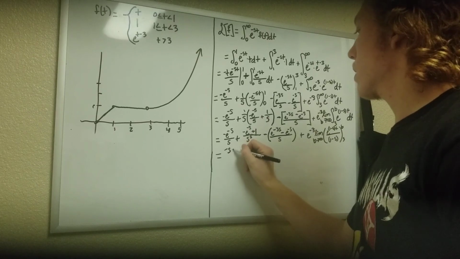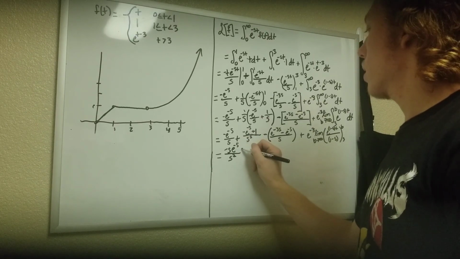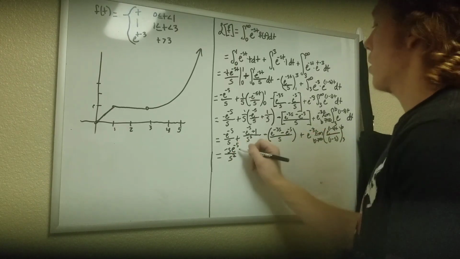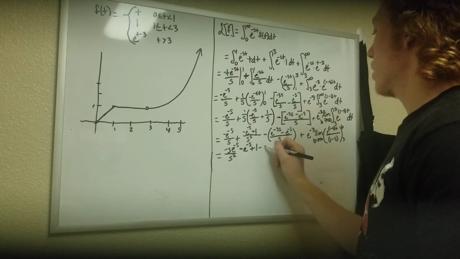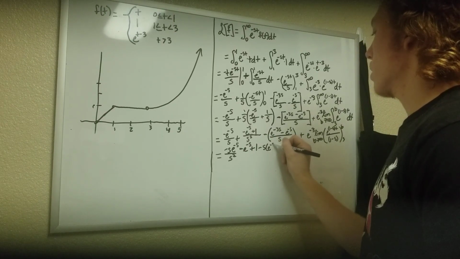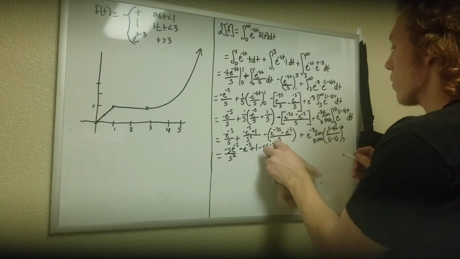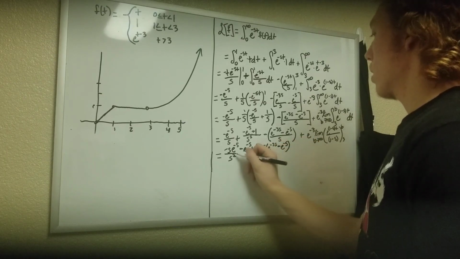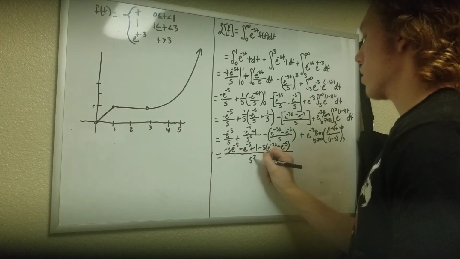So negative s e to the negative s over s squared plus, minus e to the negative s plus 1 minus s times e to the negative 3s, minus e to the negative s, and that is all over s squared.